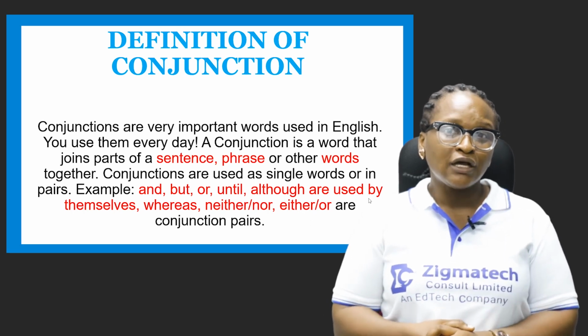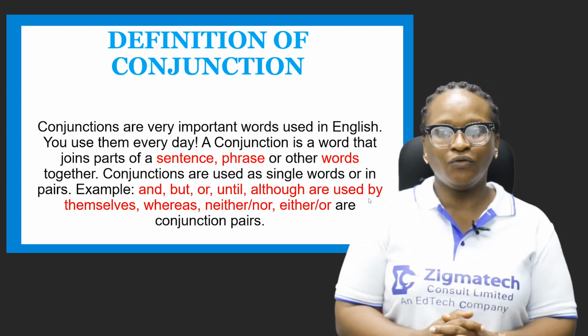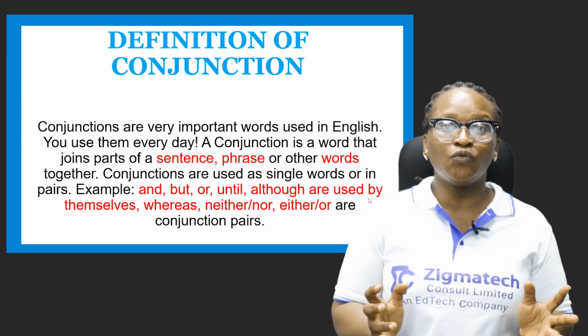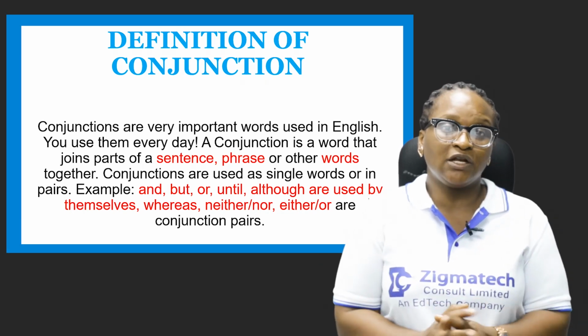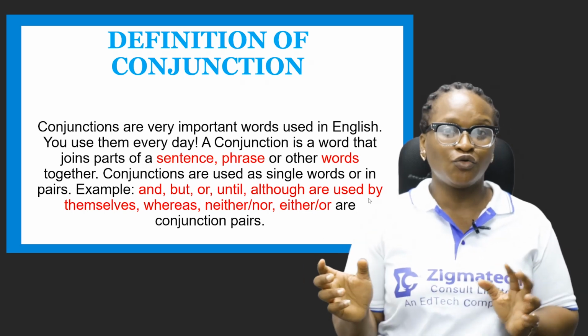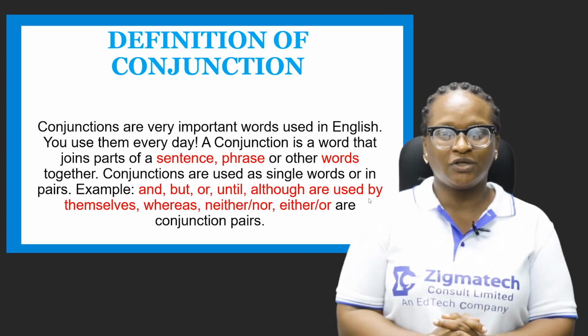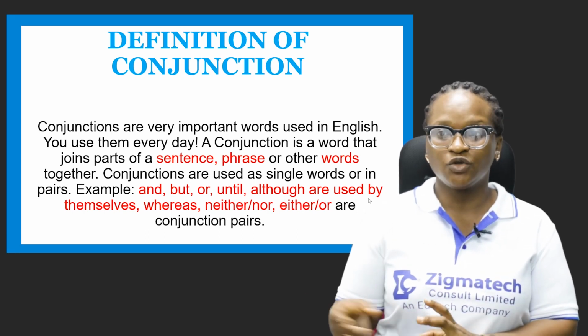Have you not used until or although or? Even so, which has become a part of the students, before they start a sentence, they will tell you so about tomorrow, so about yesterday, so. That's the use of conjunction. So you see that we use conjunction virtually every day, so it's important.